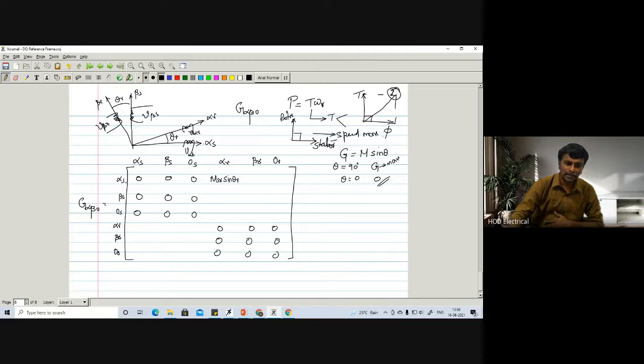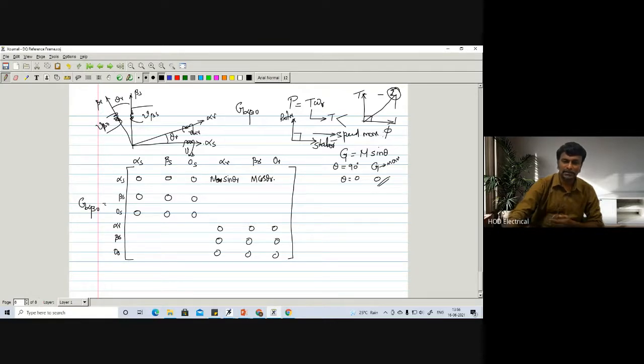Alpha S beta. Alpha S beta means sine of 90 plus theta. What is sine of 90 plus theta? Sine of 90 plus theta, we can write it as cos theta. Therefore, we can write this as m into cos theta.